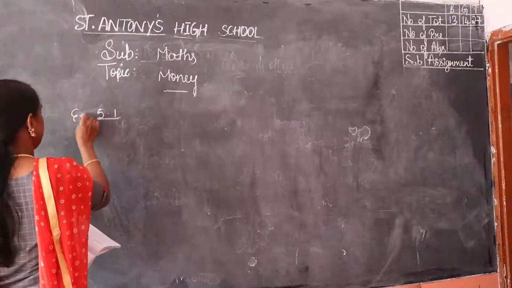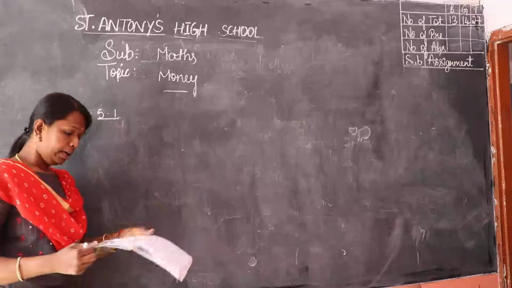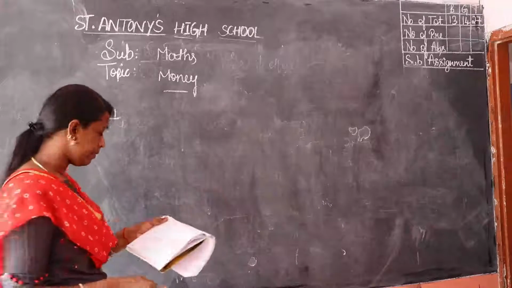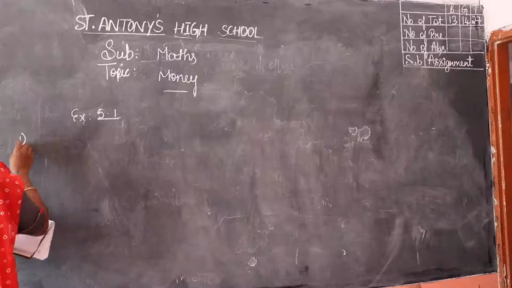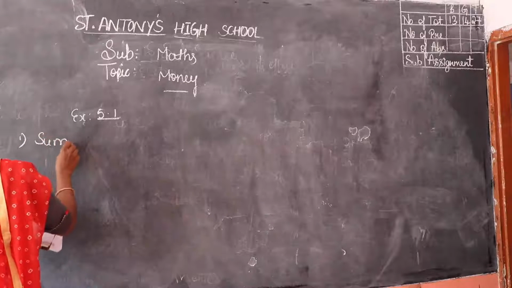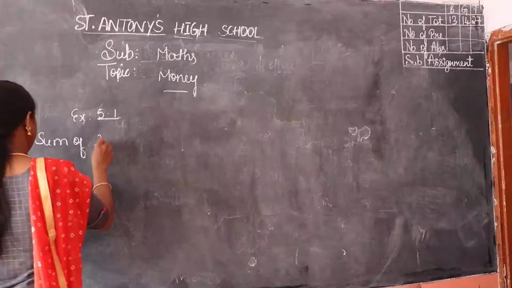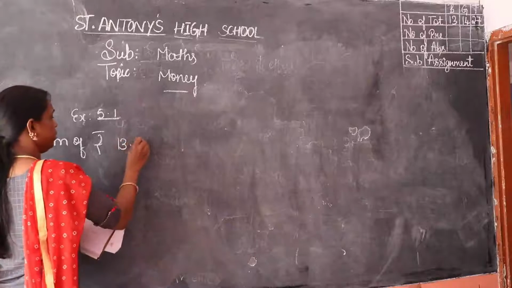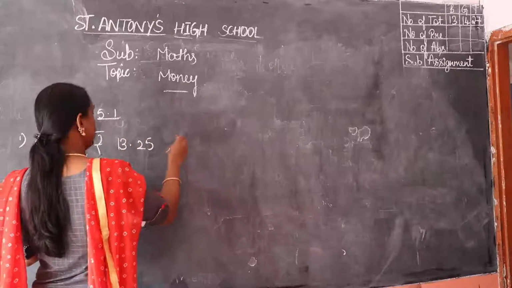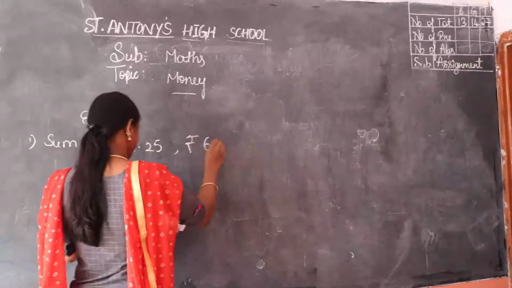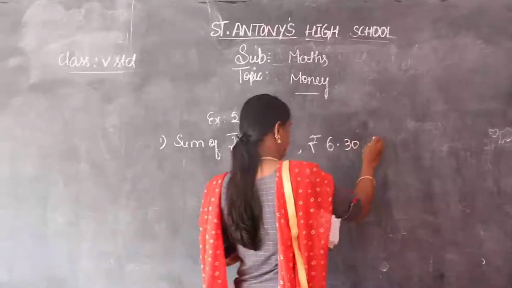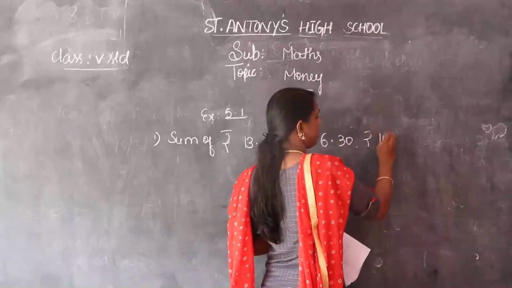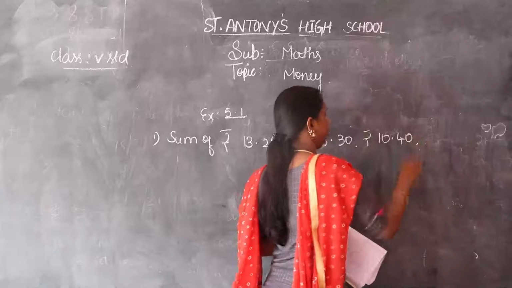First one, read the question. Sum of rupees 13.25 paisa, rupees 6.30 paisa, and then rupees 10.40 paisa.